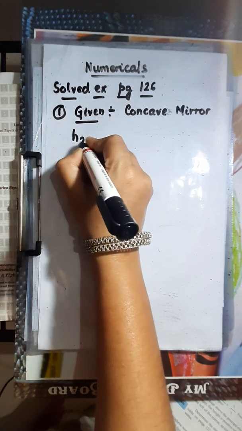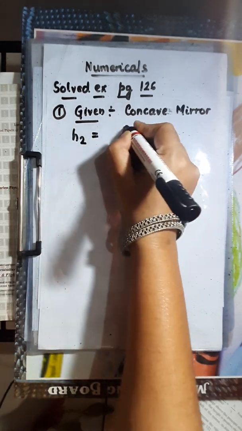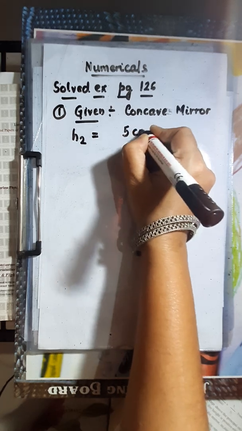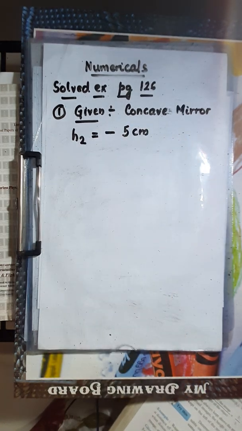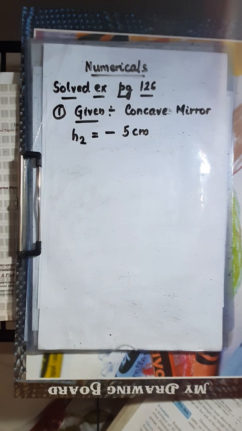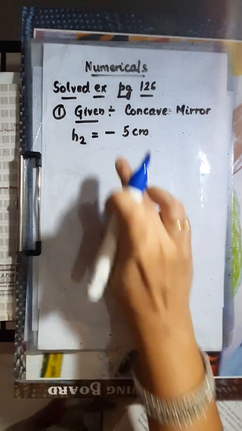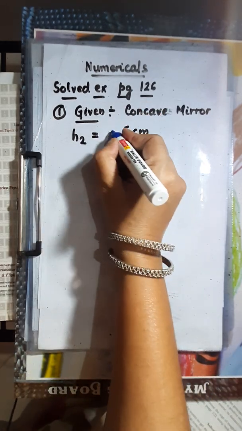So first thing, it is given to us that it is a concave mirror. The height of the image is 5 centimeter. She is saying inverted, that is why I am putting the negative sign. I'm using another color pen to show you the sign convention.